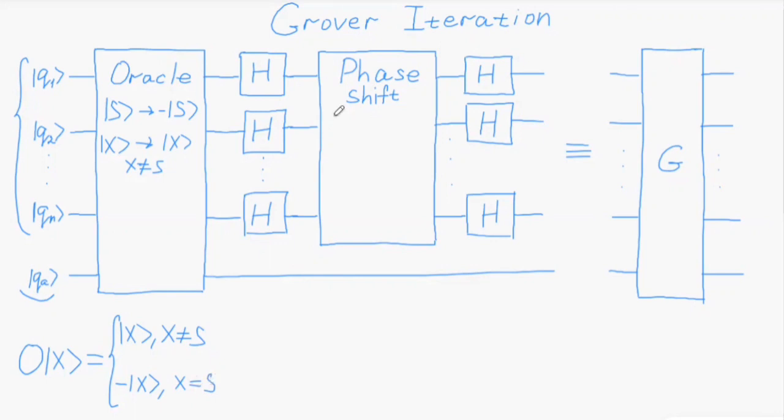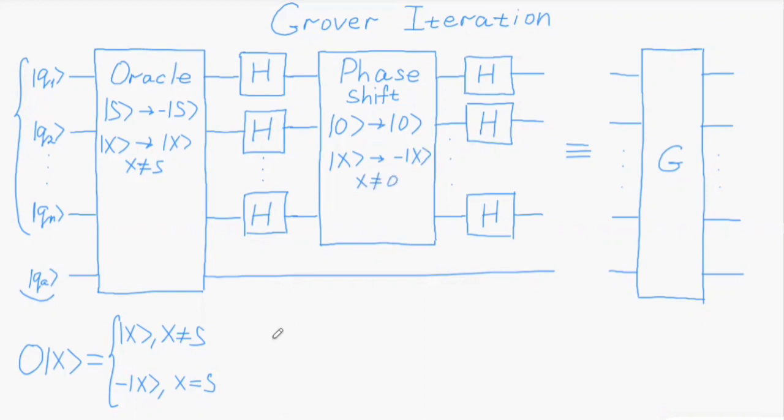Let's talk about the phase shift operator. The phase shift operator does the following thing. If it sees the state of the search register in the zero state, it doesn't do anything. So 0 goes to 0. But if it sees the search register in any other state, it changes the phase of it from +1 to -1. So X goes to -X for any X that is not equal to 0.